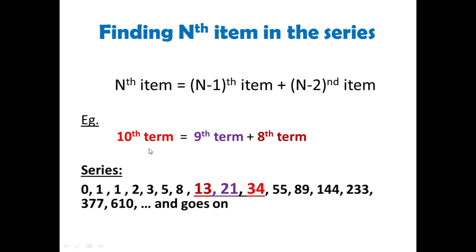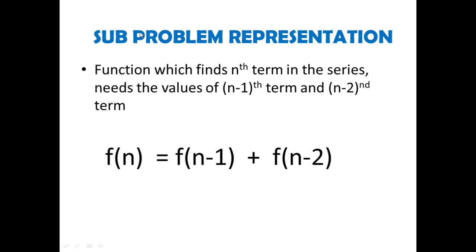So this is the basis for finding the subproblem. Here recursion needs to find the subproblem. If you need the nth item, I need the n-1th item and the n-2th item, then I can do a summation.